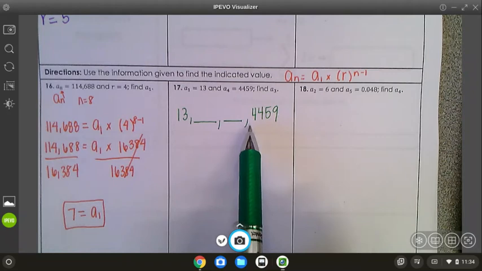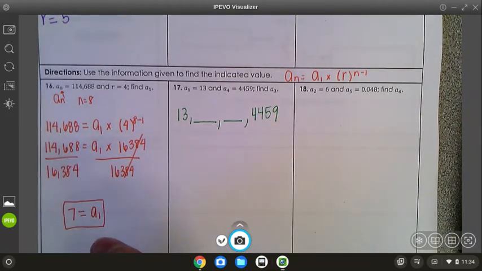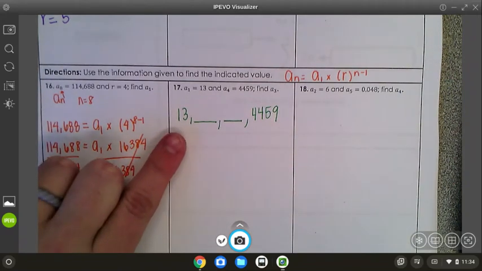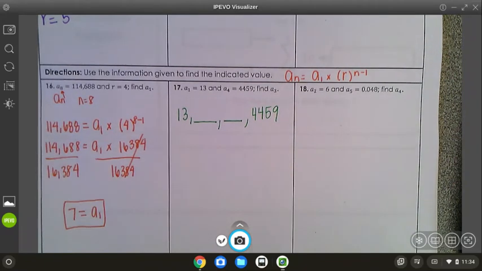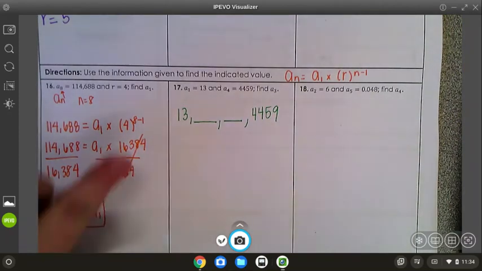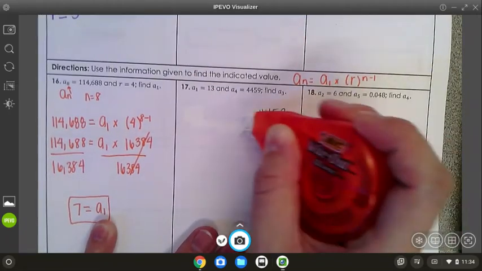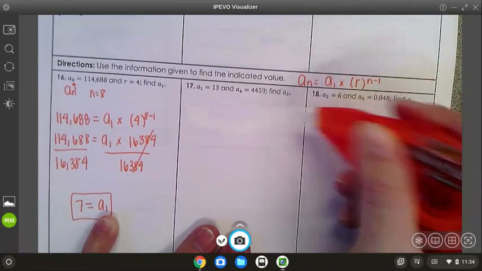We'll do this one this way, and then we'll see. All right, so if we do it this way, actually, I take that back. I don't want to do it that way. You could. If you like this method, go for it. But let's just use the formula.